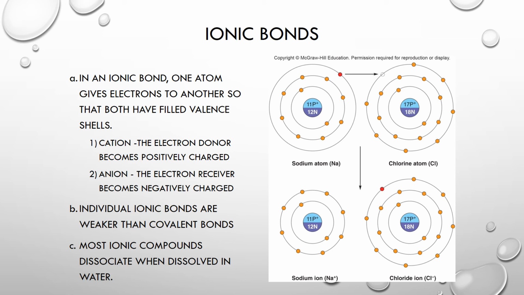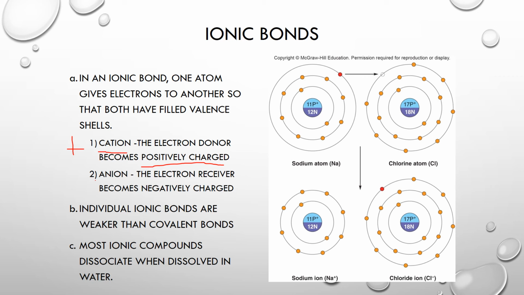Another type of bond is ionic bonds, where one atom gives electrons to another so that both have filled valence shells. All right, this creates a cation, which is the electron donor that becomes positively charged, okay, so cation for positive.